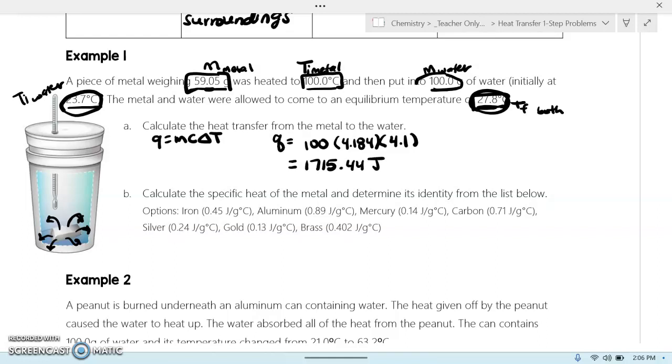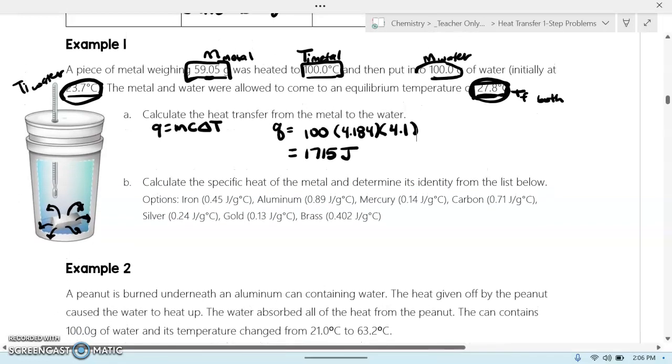Ta-da! So 1,715 joules for the sake of significant figures here. Now we can, like I said before, work backwards to figure out more information about this metal.